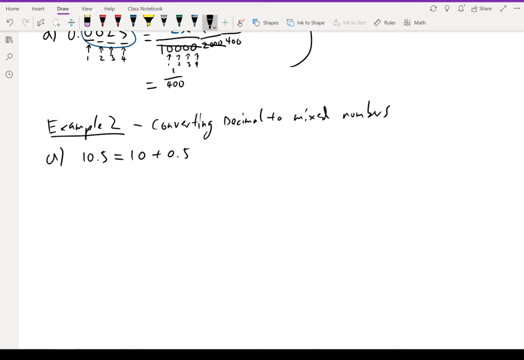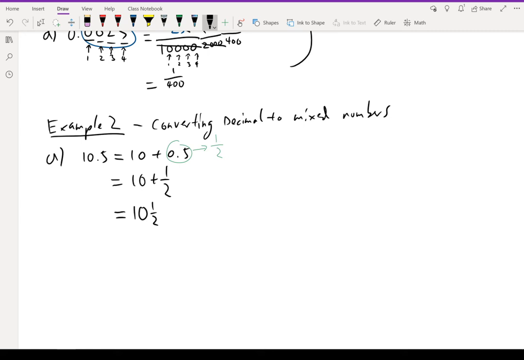And I already know that 0.5 as a decimal is the same as half. And so I can write this as 10 plus half. And if we remember from last lesson, a mixed number is a whole part plus a fraction part. And so 10 plus half is actually just written as 10 and a half in mixed fraction. It is as simple as that.